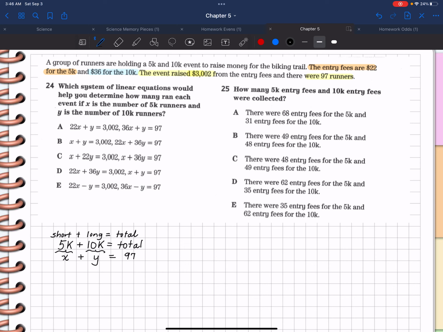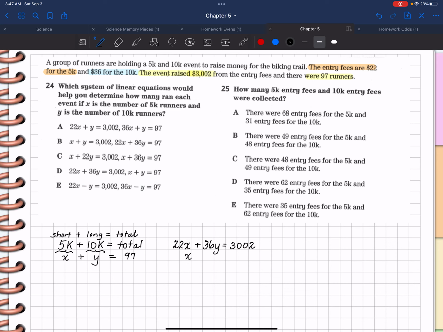So you could also say that the short racers, X, plus the long racers, Y, equal the money, the $3,002. That was the whole point of having the race, was to raise money. So each of the short racers paid $22, and each of the longer racers paid $36. There's the system of equations.